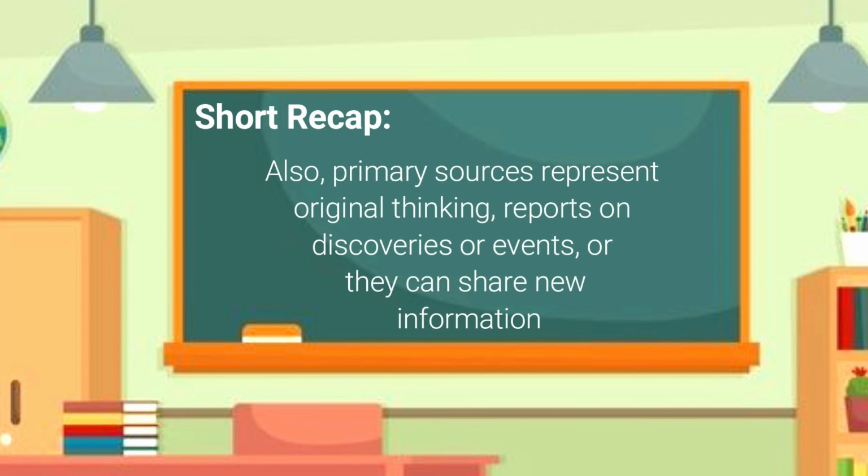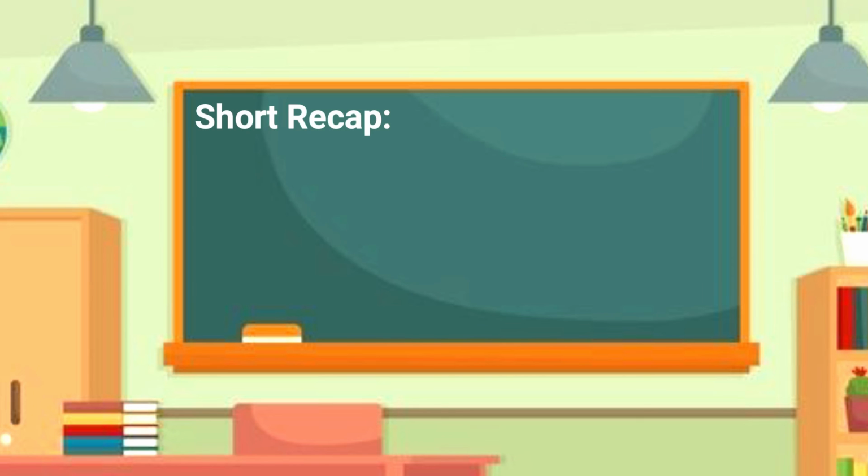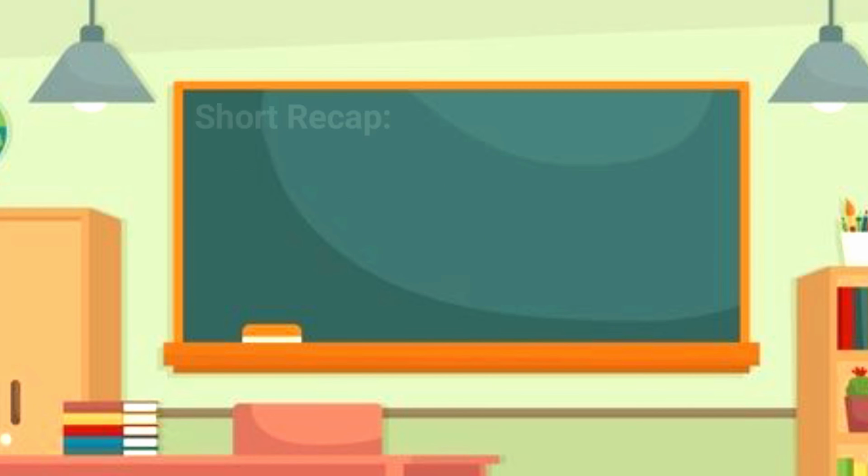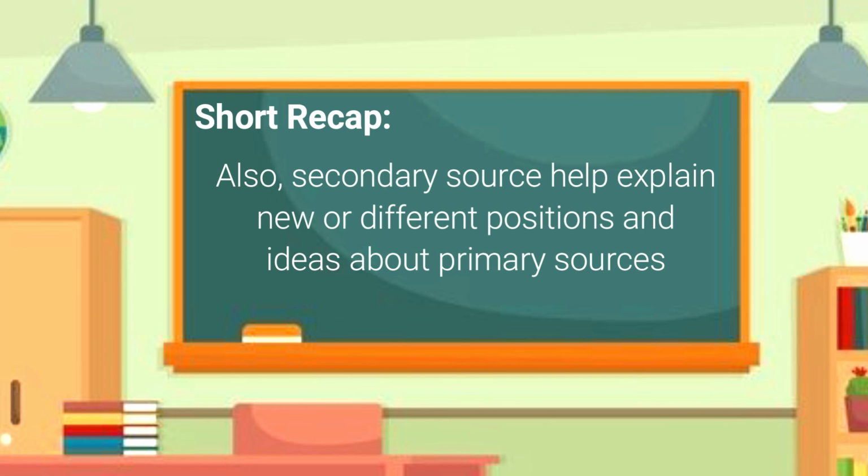Also, primary sources represent original thinking, reports on discoveries, or events that can share new information. While secondary source of information is created later by someone who did not experience firsthand or participate in the events or conditions that he or she is researching. Also, secondary sources help explain new or different positions and ideas about the primary sources.